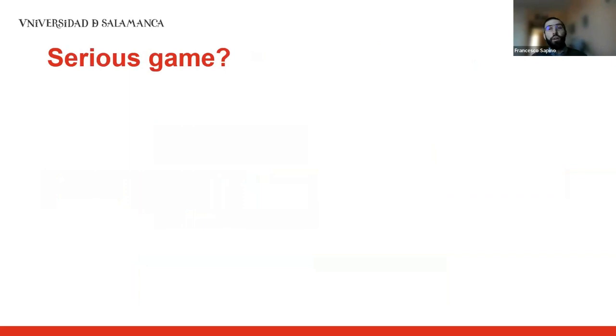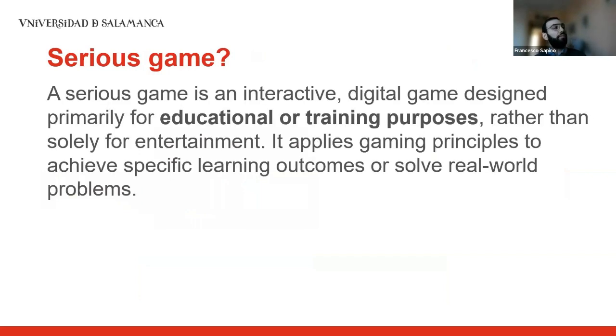And so now we arrive at the question: what is a serious game? What is this tool that we can implement to talk, especially with stakeholders, about these kinds of problems and these models? Basically, a serious game is an actual game, but the primary purpose of this game is educational or training.